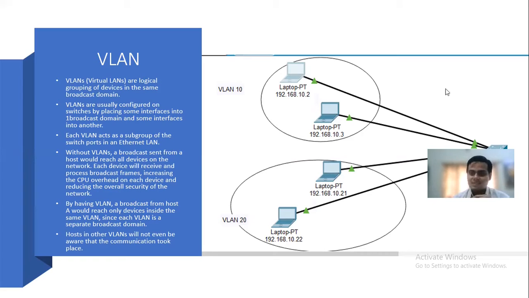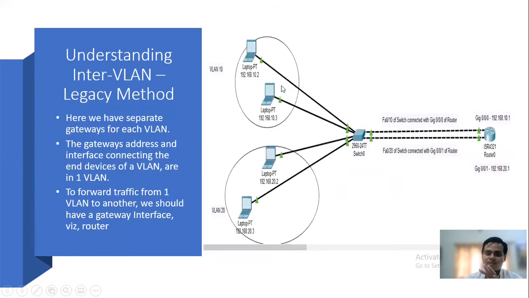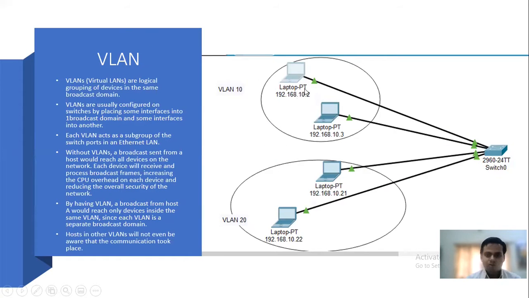If we look at this diagram without considering any concept of VLAN, we can see that the IP addresses are 10.2, 10.3, 10.21, 10.22. All the computers should be able to communicate with each other just because they're on the same network and connected by the same switch. That is the concept of LAN.